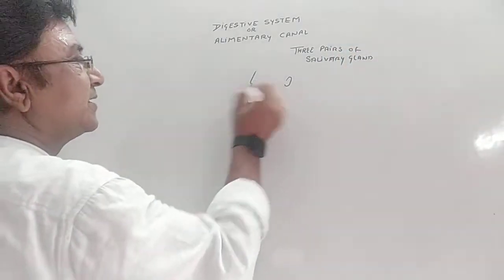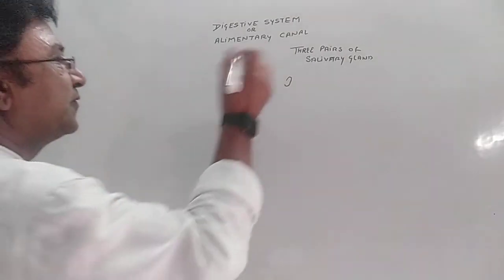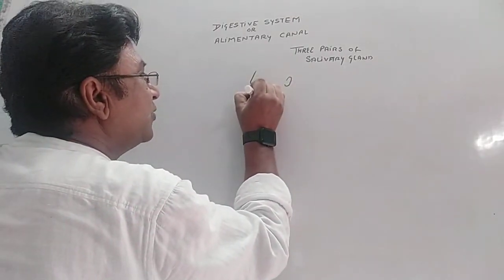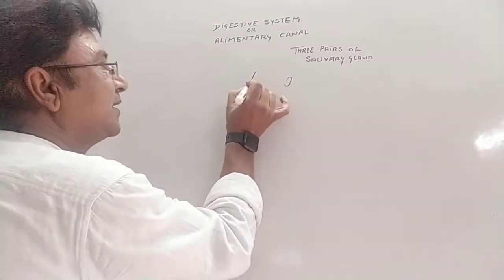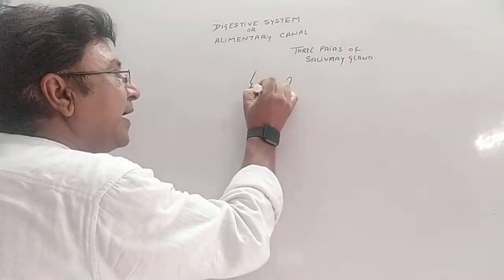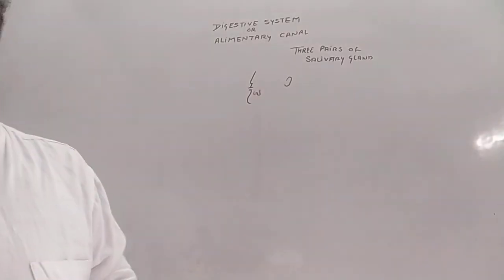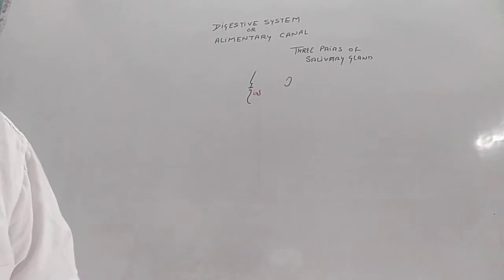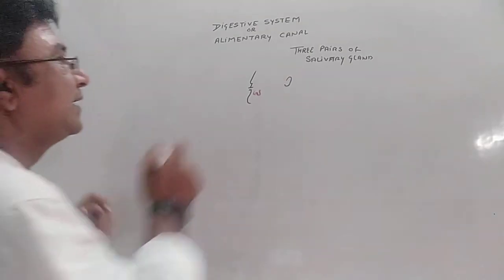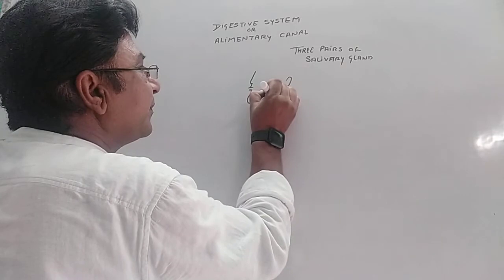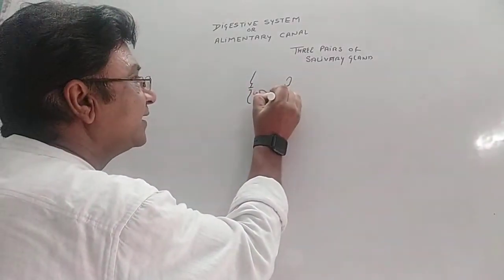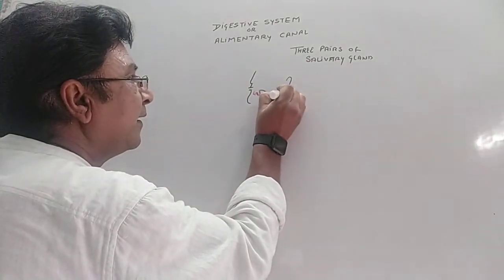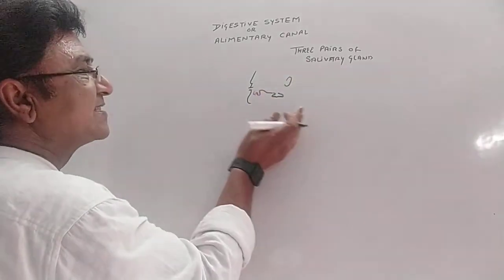Their position is, let's make it with the other color so that you can understand it properly. First, it is sublingual. Sublingual means lying just below the tongue. They are also actually attached to each other. There is a maxillary bone over here. Below the maxillary bone there is another gland on each side.